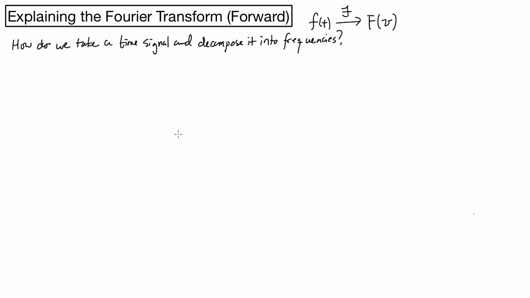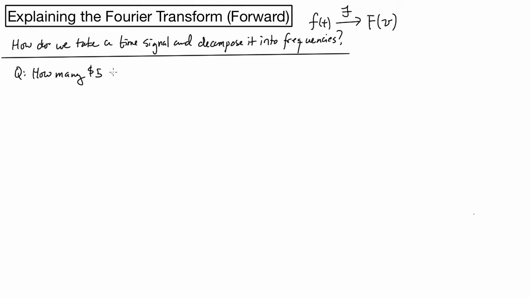And I kind of want to look at a related question with you. So the related question here is, how many $5 bills compose or make up a $100 bill?